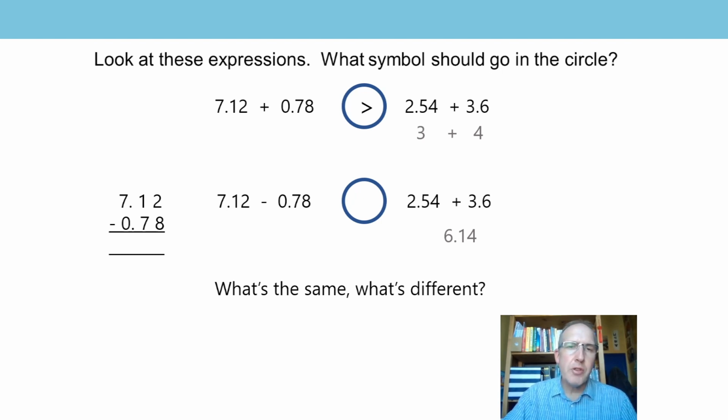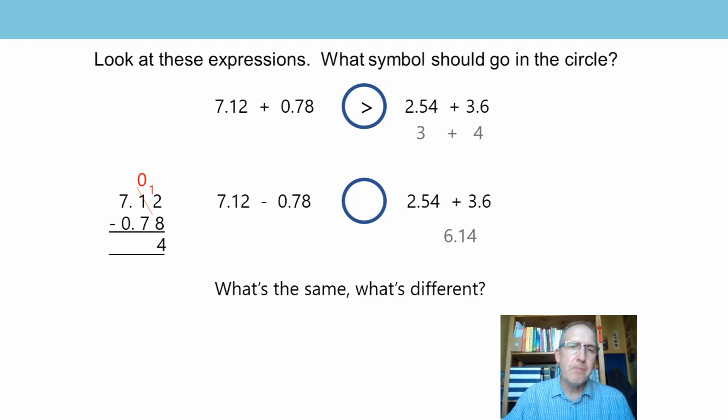In the hundredths column, we've got 2 subtract 8. No, we can't do that, can we? So we're going to have to regroup from the tenths column. We'll have to exchange and regroup that 1 tenth into 10 hundredths. So we have 12 hundredths subtract 8 hundredths is 4 hundredths.